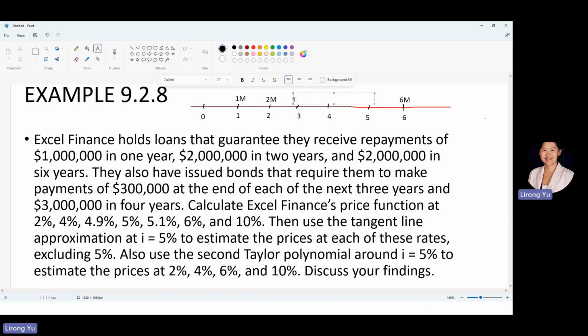So here is billing, and that's payment, so negative cash flow. And in 4 years, it's 3, not 4.